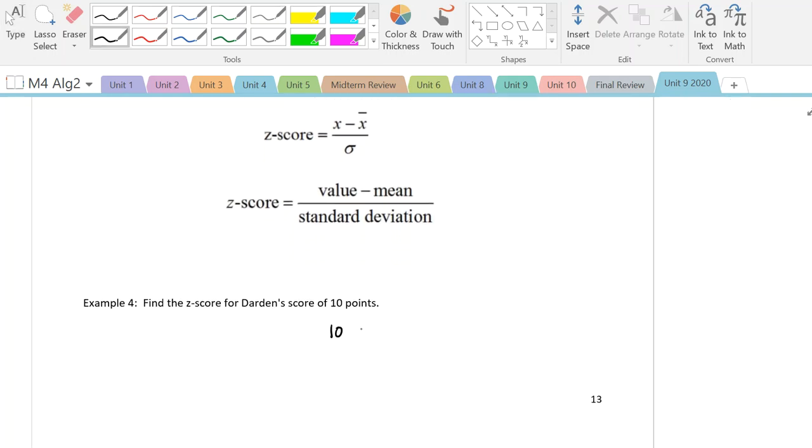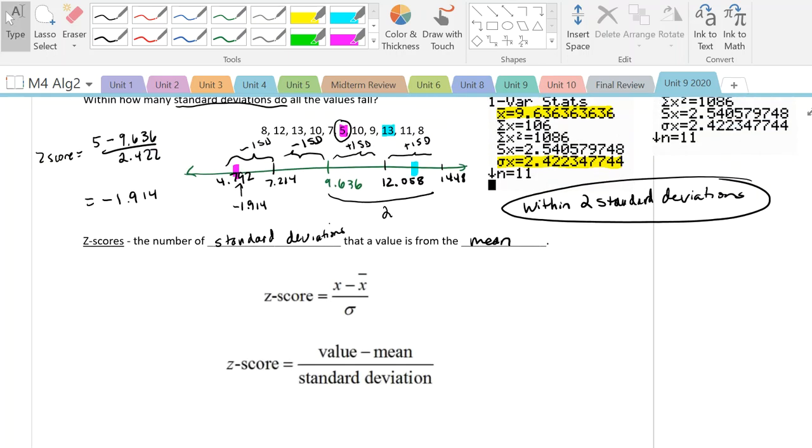Okay, so for 10, it should be 10 minus 9.636 over that 2.422, which is a positive 0.150. I'm just going to leave that piece off. So this has a positive z-score, indicating that it is above the mean. The previous one had a negative z-score, indicating it was below the mean.